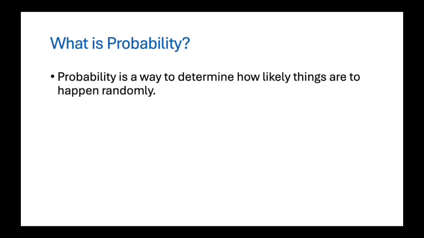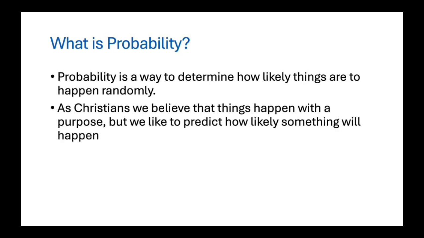Now, I want you to understand something. As Christians, we believe that things happen for a purpose and that there's really nothing we call random that happens in our lives. But we as humans like to predict things that happen in our lives, and so we like to quantify how likely something is to happen.